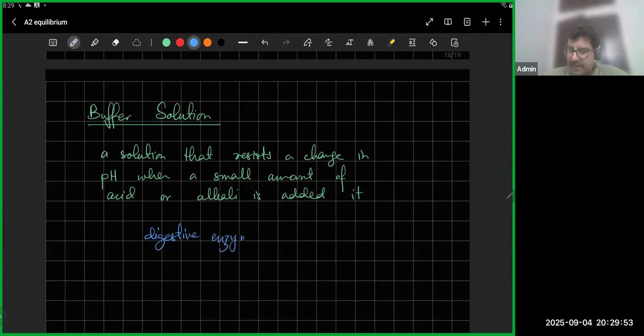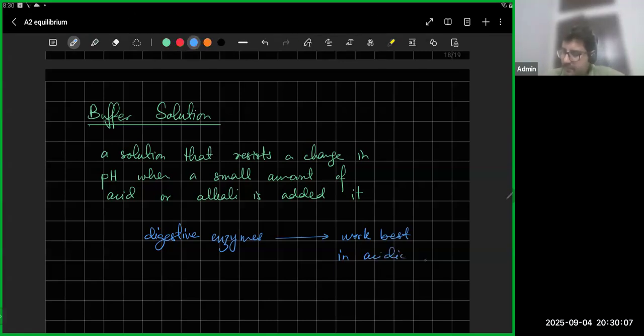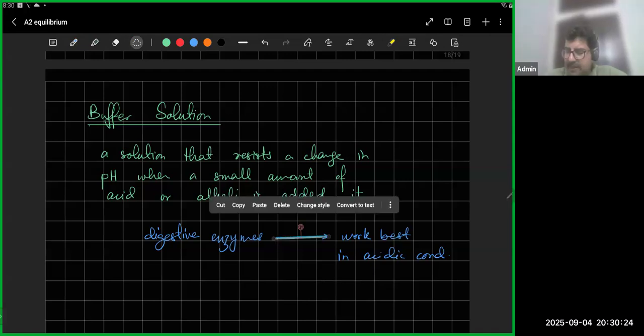That's why your stomach is very, very acidic. So your stomach is trying its best not to change the pH, because if it changes, your enzymes get denatured. They will stop reacting the way they should. Sometimes they might even break down.